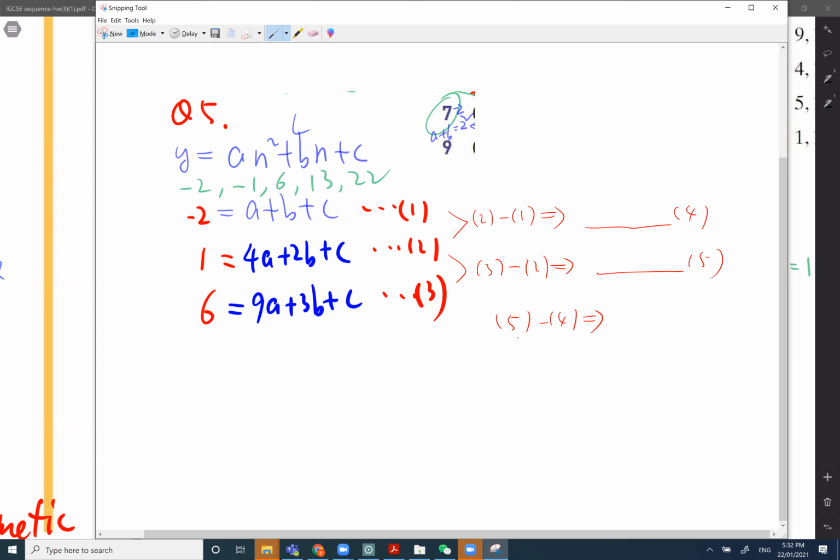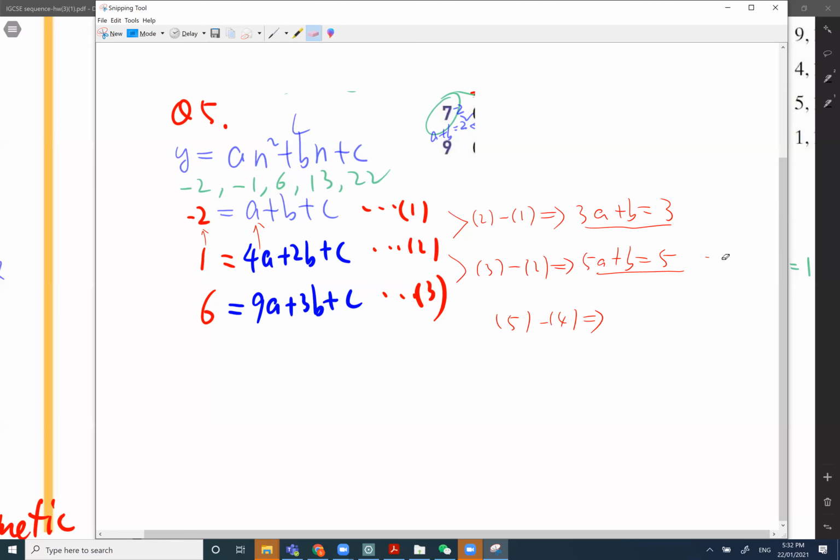Equation 2 minus equation 1: 4a minus a, 3a plus b equals 1 minus 9 to 2, positive 3. 5a plus b equals 5. So we got this.